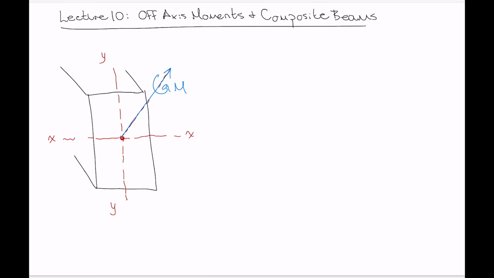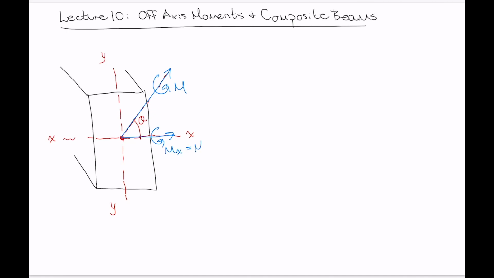So for example, if this angle in here was theta, then we'd say that we have an x component to this moment. And again, I'm using the right-hand rule for the directions here.